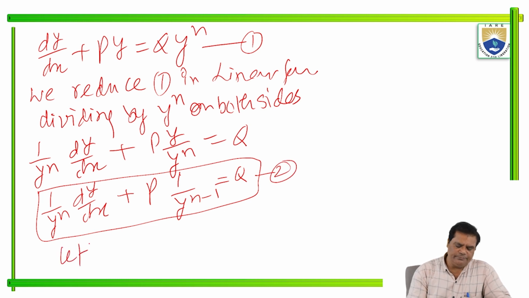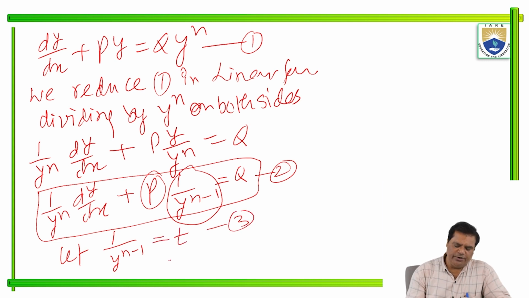Now let the coefficient of p be t. So let 1 upon y to the power n minus 1 equal to t. This is equation 3.